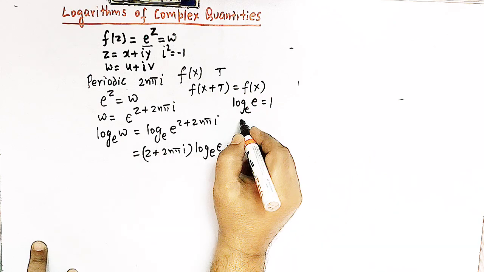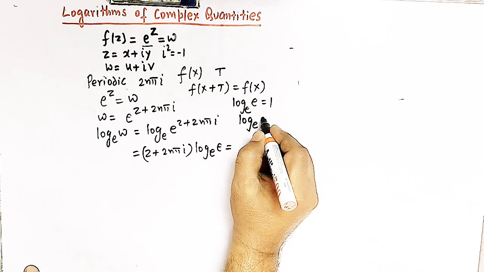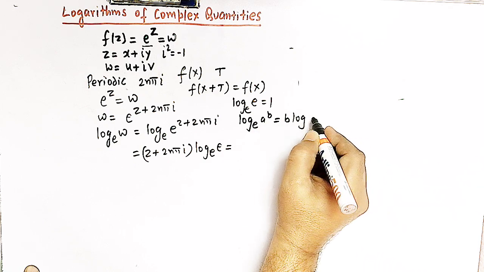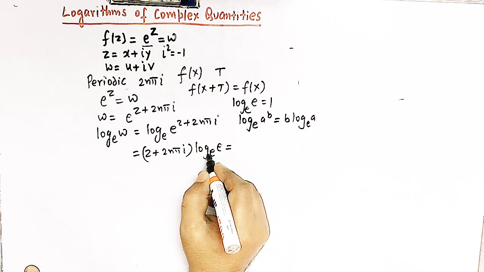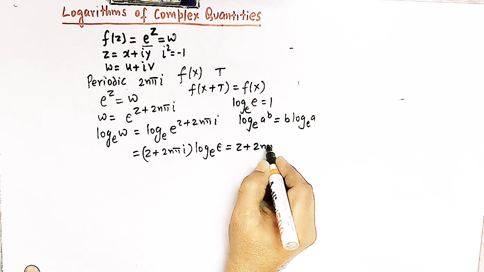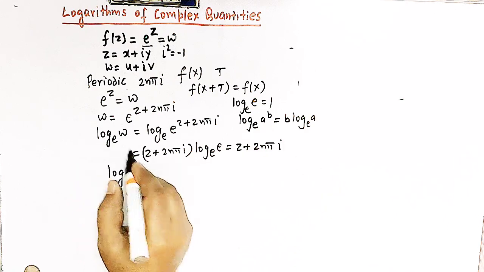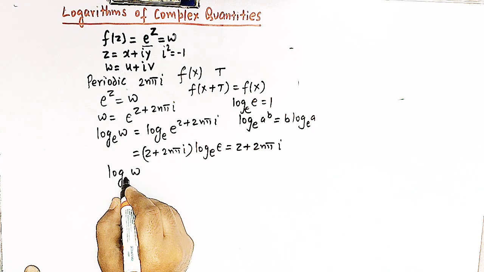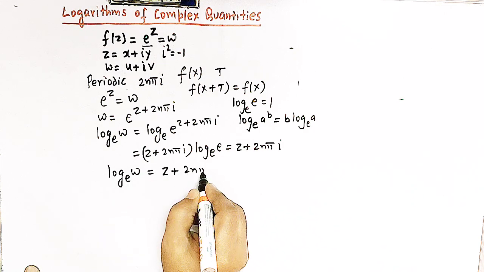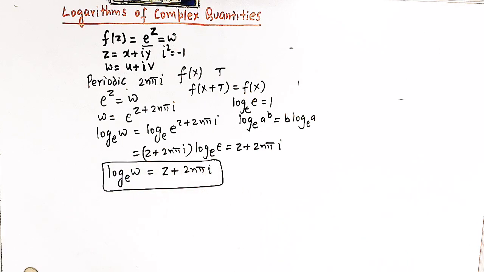Here we have used the property that log of a raised to b is given by b times logarithm of a to the base e. So we have z plus 2n pi I. Now we can write the logarithm of w to the base e is equal to z plus 2n pi I. This is an important expression.